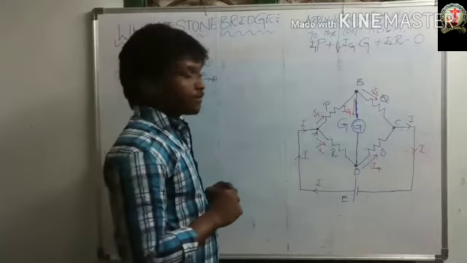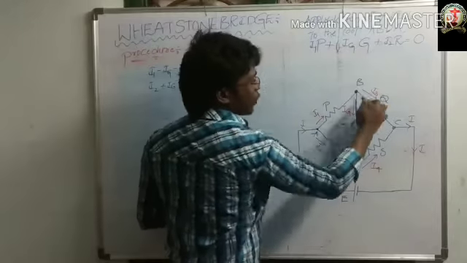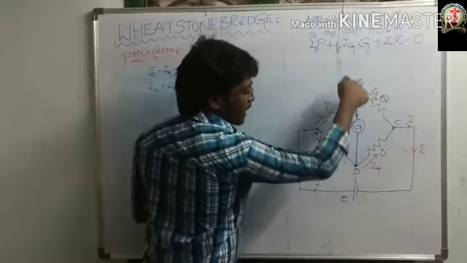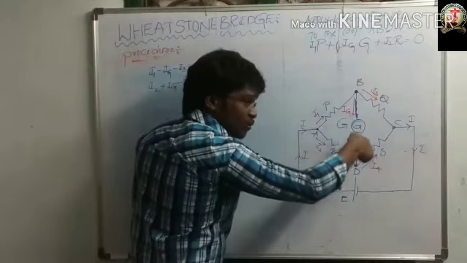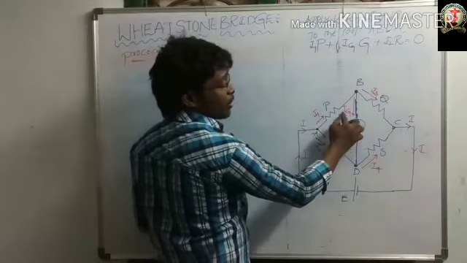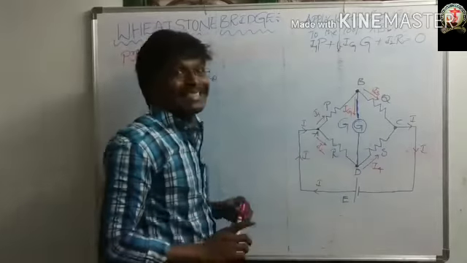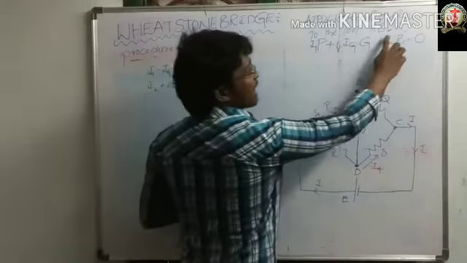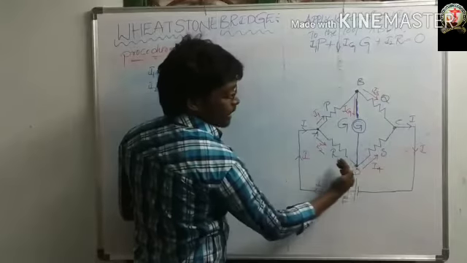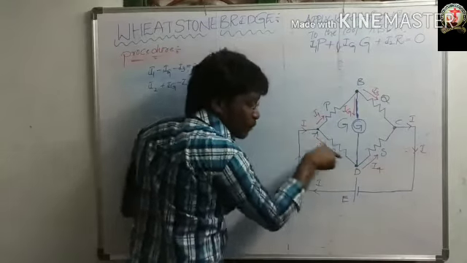Next, B to D. The loop direction is B to D, and the current Ig is also moving in this direction only. So the product of current into resistance is positive: Ig into G plus. Next, the last one, D to A. This is the loop direction, but the current I2 is moving opposite to this loop direction.